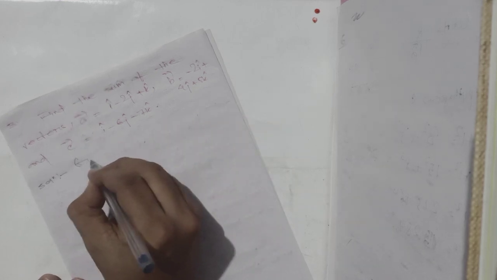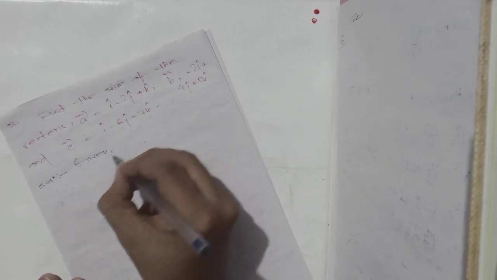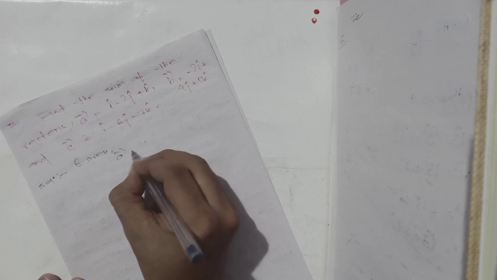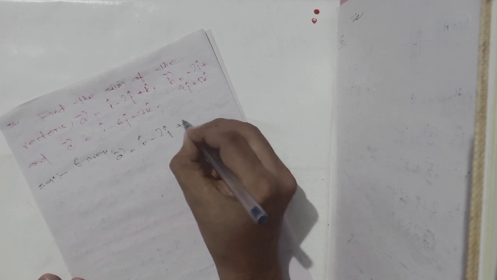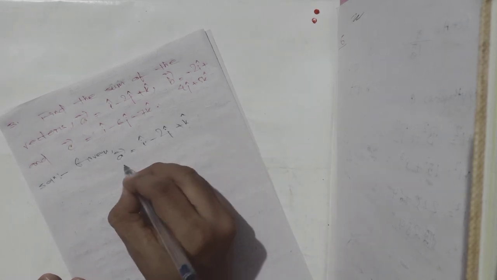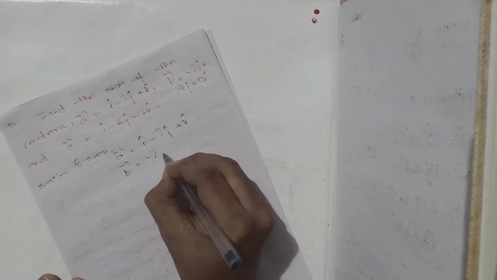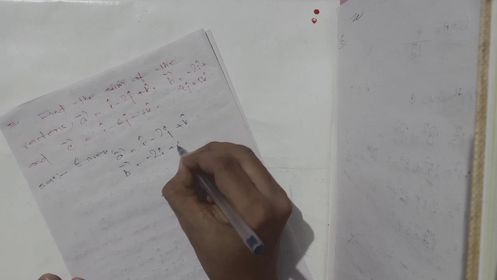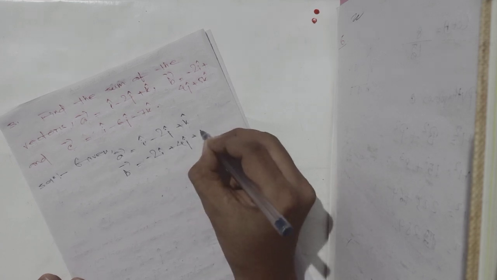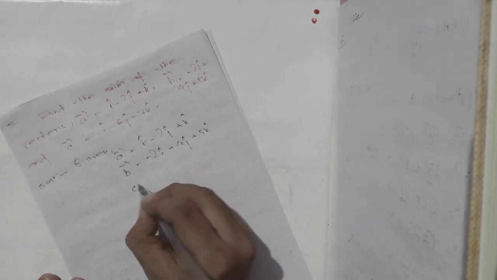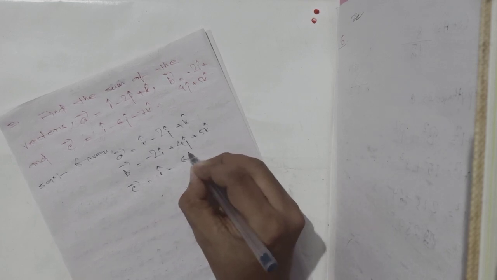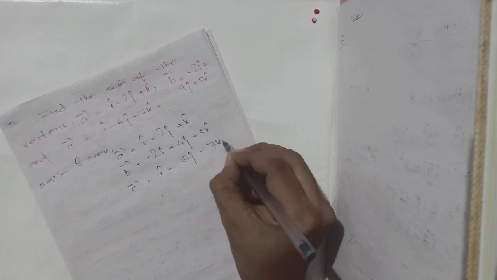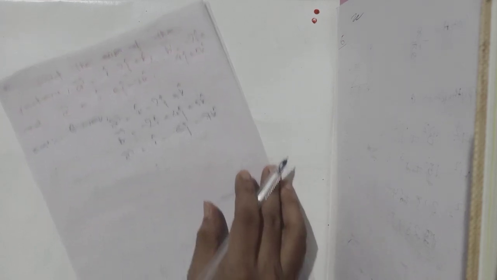So given vector A equal to I cap minus 2 j cap plus k cap, B vector equal to minus 2 I cap plus 4 j cap plus 5 k cap, and C vector equal to I cap minus 6 j cap minus 7 k cap.